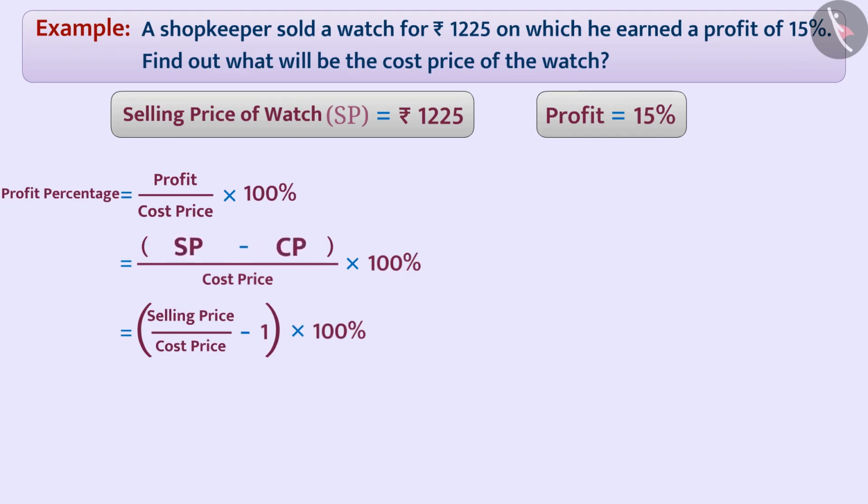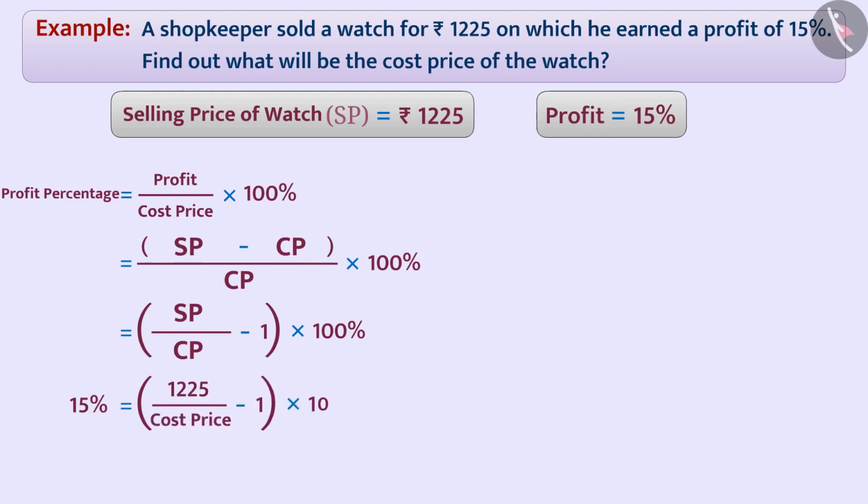SP minus CP divided by CP multiplied by 100 is equal to SP divided by CP minus 1 multiplied by 100%. In this way, 15% is equal to 1225 divided by cost price minus 1 multiplied by 100%.